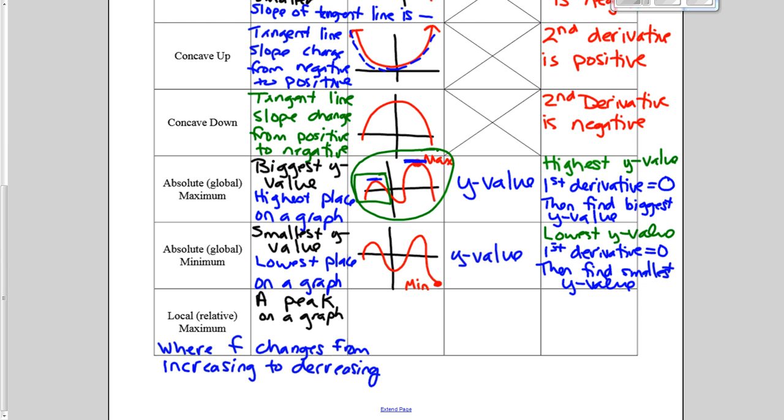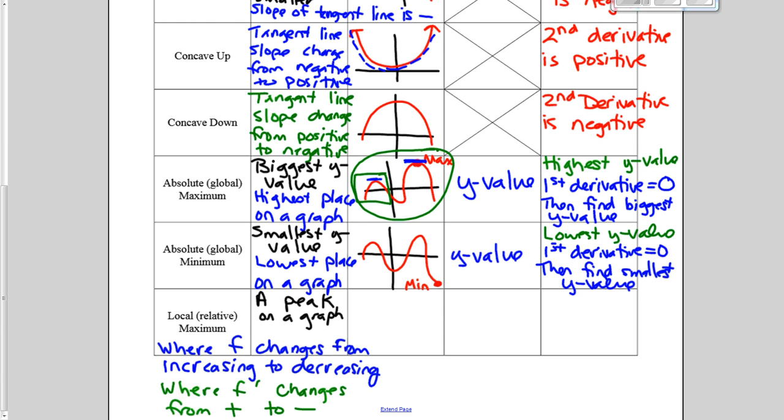And the other thing that we could say, because we know it's changing from increasing to decreasing, is where f prime, the derivative, changes. When my function is increasing, my derivative is positive, so it changes from positive to negative, because where my function is decreasing, my derivative is negative.